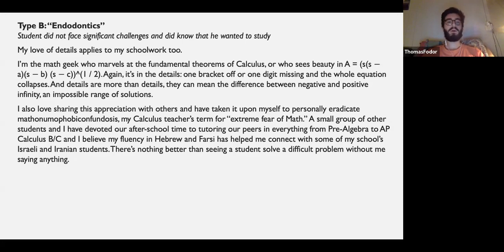A small group of other students and I have devoted our after-school time to tutoring our peers in everything from pre-algebra to AP Calculus BC. And I believe my fluency in Hebrew and Farsi has helped me connect with some of my school's Israeli and Iranian students. There's nothing better than teaching or than seeing a student solve a difficult problem without me saying anything.